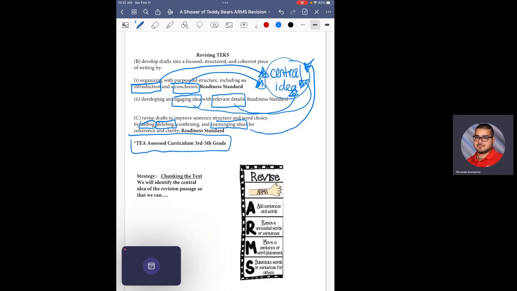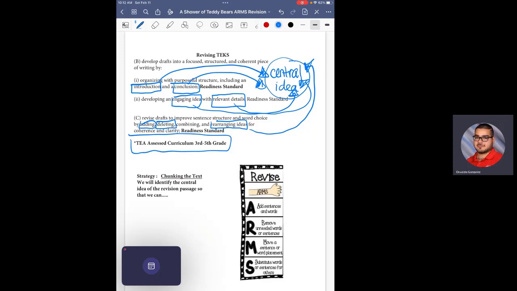Now, a strategy that we're going to be using to fully understand or to teach or grasp central idea is chunking the text. And what is chunking the text? Chunking the text is giving bite-sized pieces of the central idea for every paragraph.